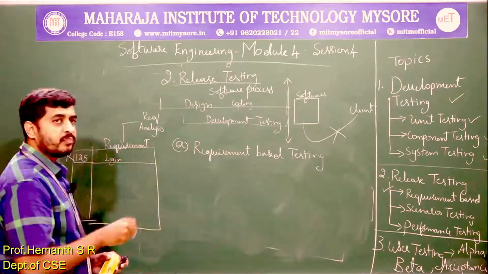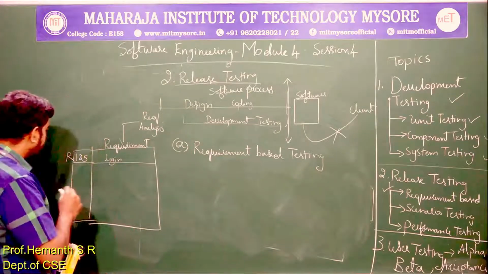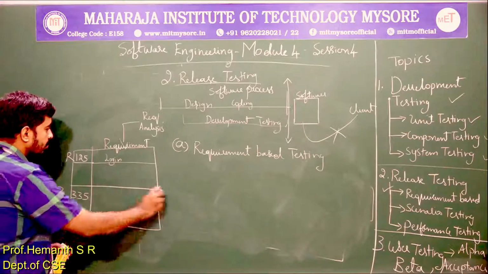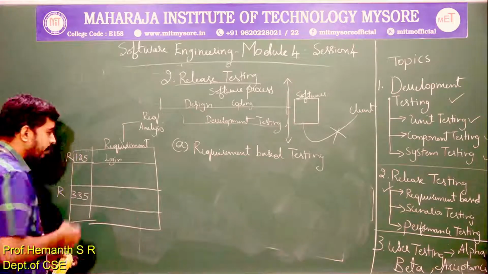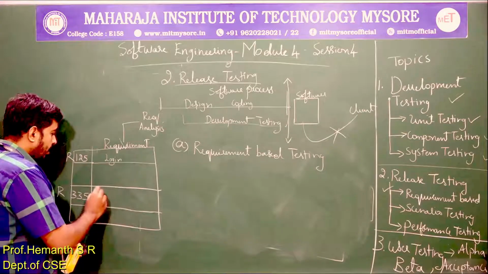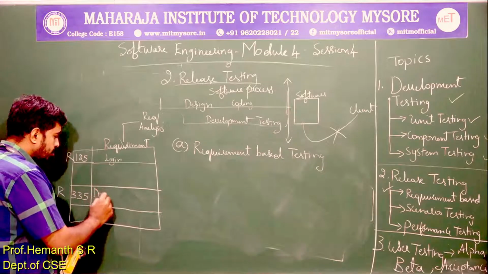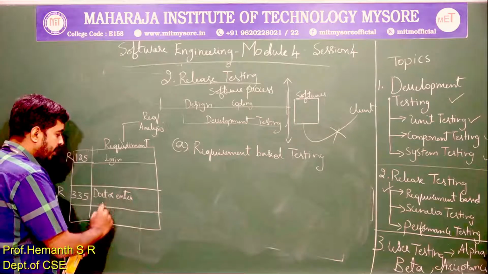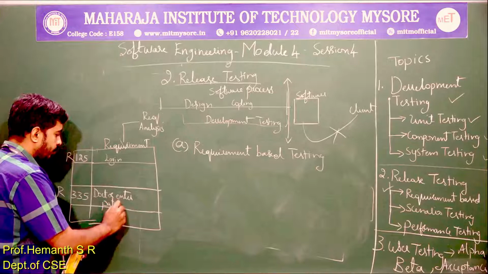I'll take maybe one more requirement, R335. I'm choosing random requirements from the document. So doctor should be able to enter the patient details.